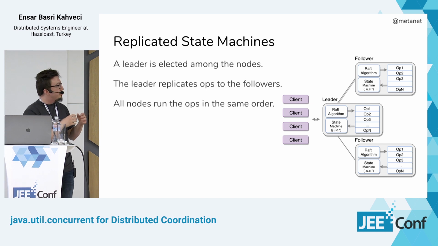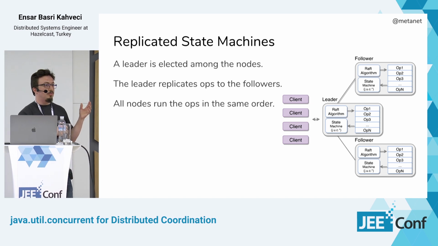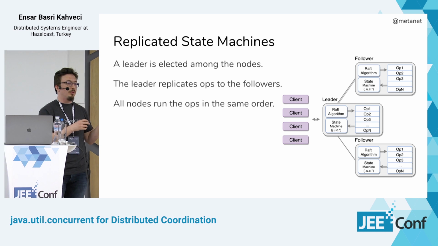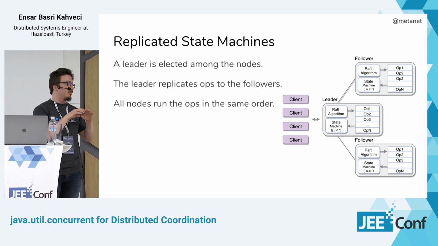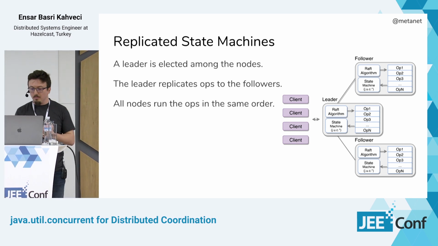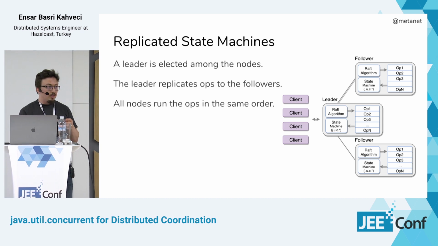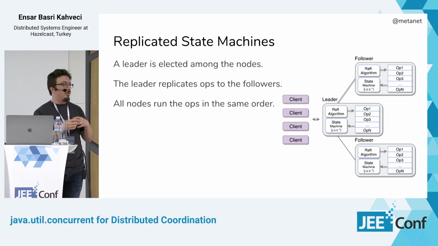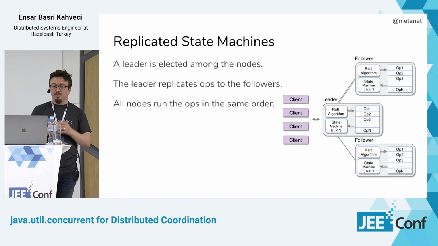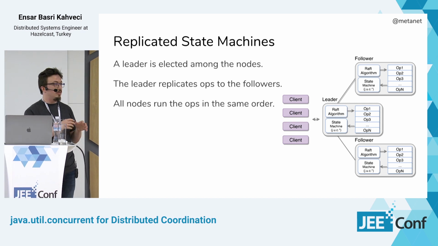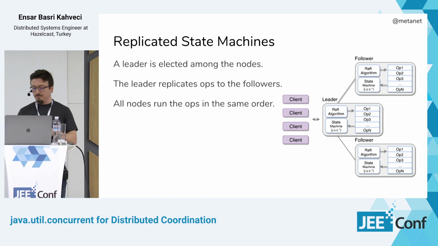The algorithm first elects a leader, and the leader becomes responsible for handling the operations and replicating them to other nodes in the system. If the leader fails, there will be another leader election, and the algorithm guarantees that there will be a single leader committing operations to the other nodes, and all nodes will run these operations in the same order and end up with the same state.